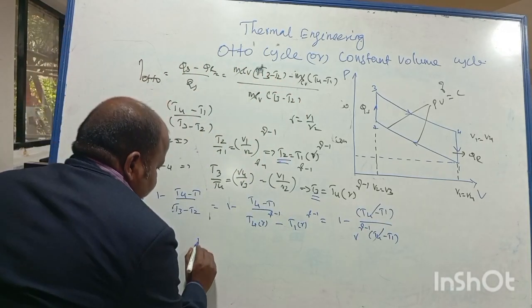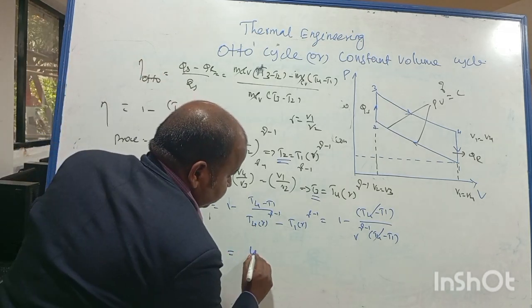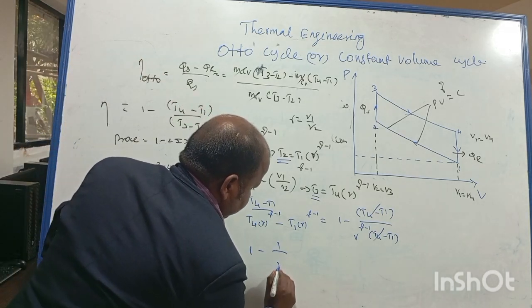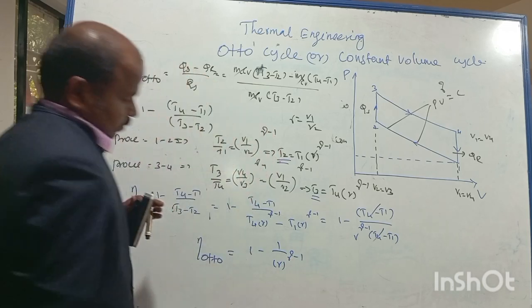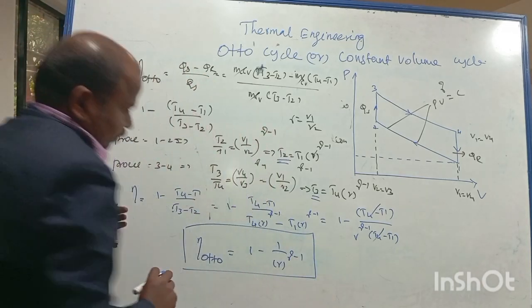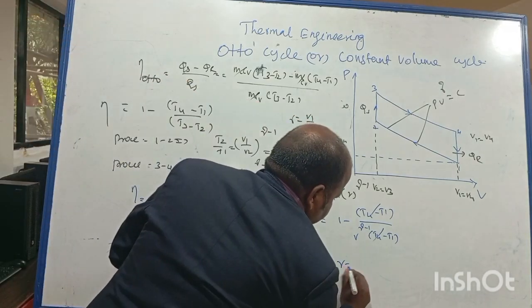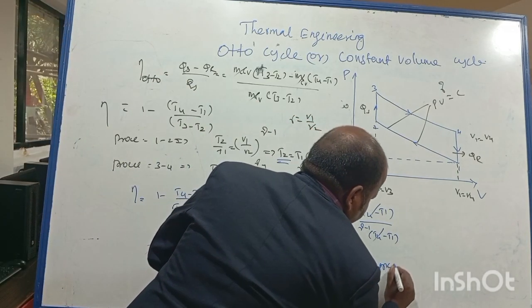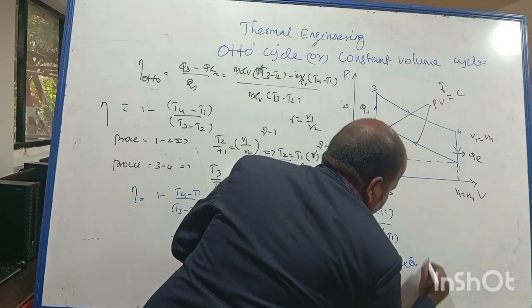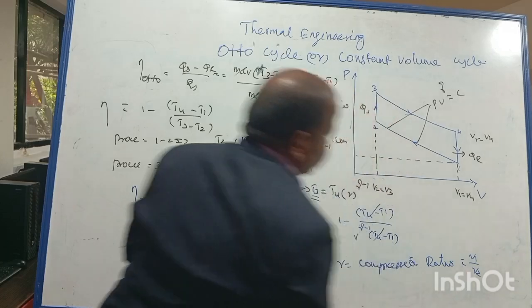So finally the efficiency of the Otto cycle is 1 minus 1 divided by r to the power gamma minus 1, where, as you already know very well, r is nothing but the compression ratio, that is V1 by V2.